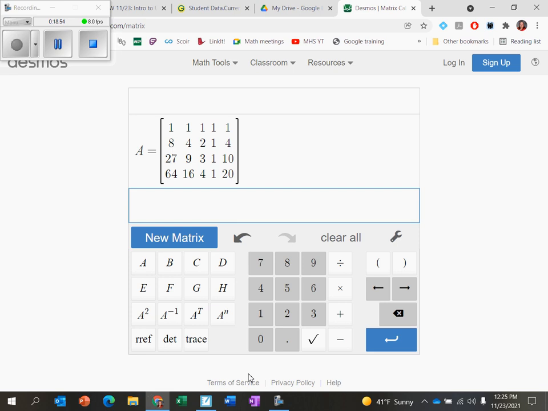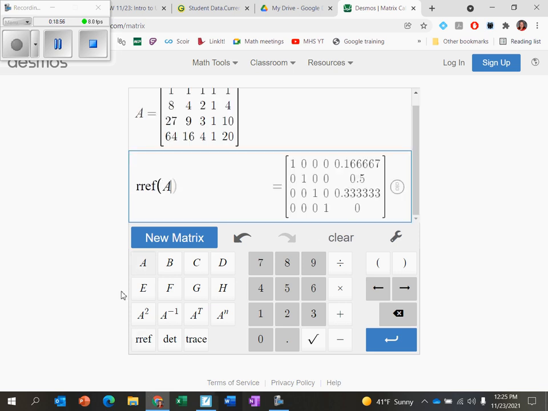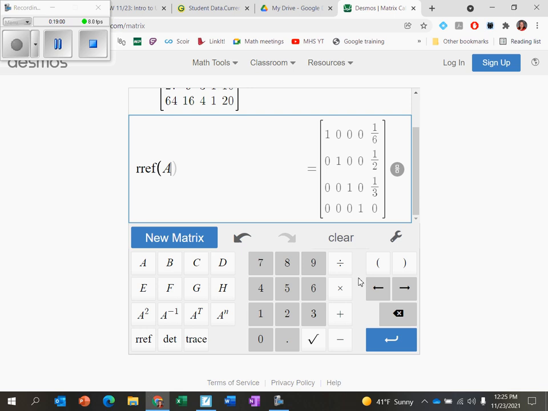All right, and let's do our reduced row echelon form. Nasty numbers, let's turn them into fractions. A little nicer. We have 1/6, 1/2, 1/3, and 0 for D.